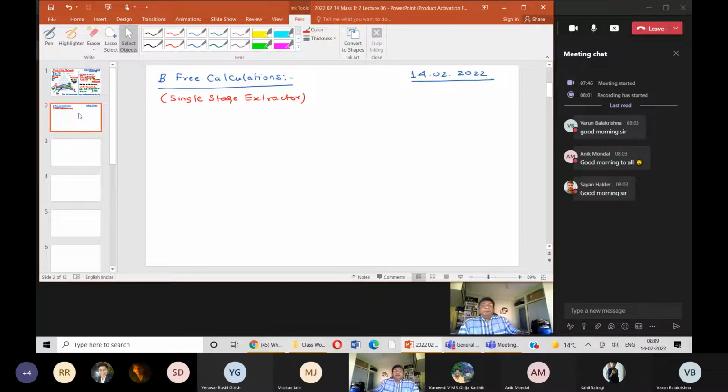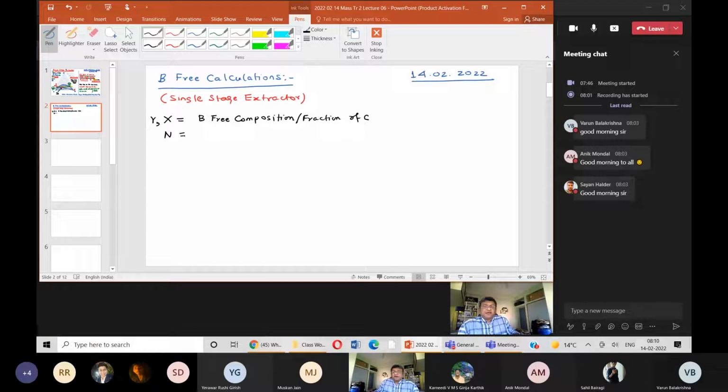If you remember the notations for B-free systems, X, which is the B-free composition or fraction of C, and N, X and Y and X, both are this.